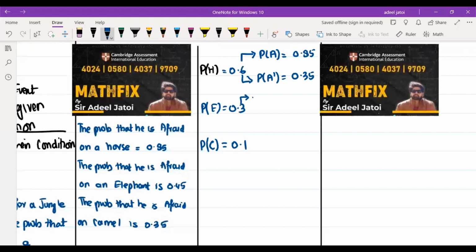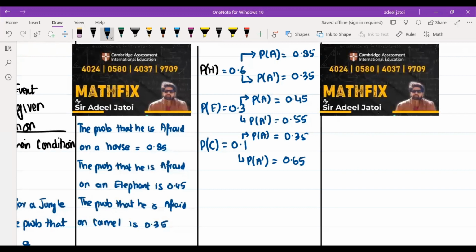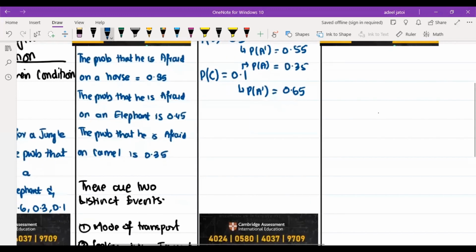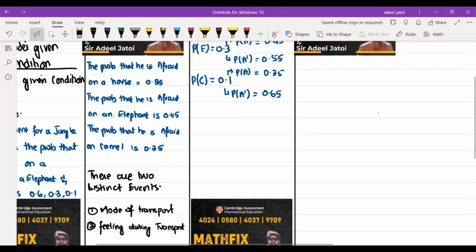If the probability of being afraid is 0.45 when he travels on elephant, then the probability of not being afraid would be 0.55. If the probability of being afraid when traveling with camel is 0.35, then the probability of being not afraid when traveling by camel will be 0.65.